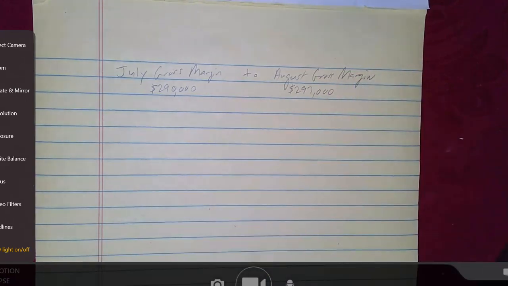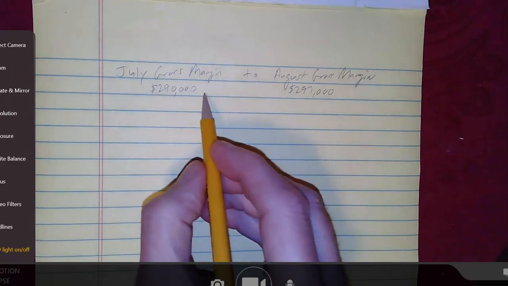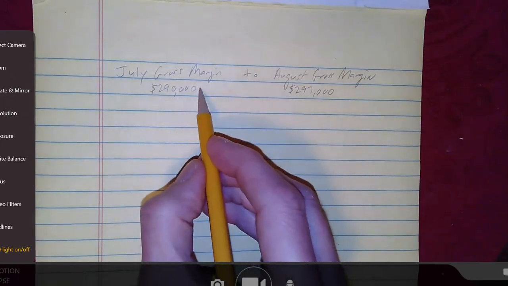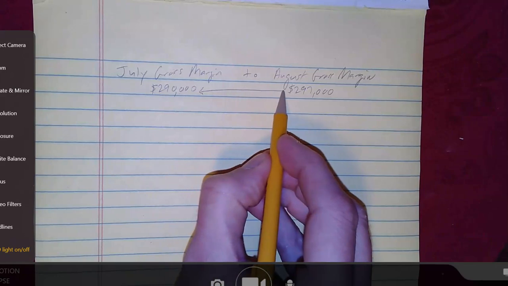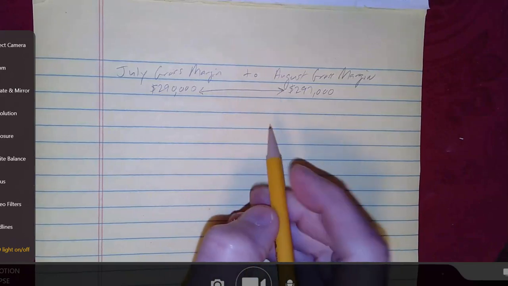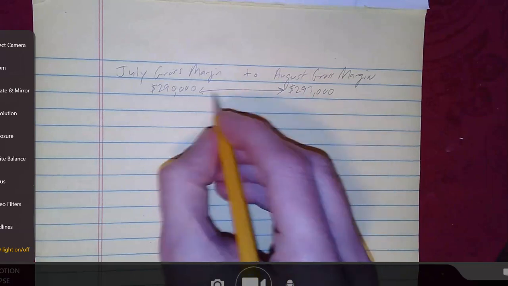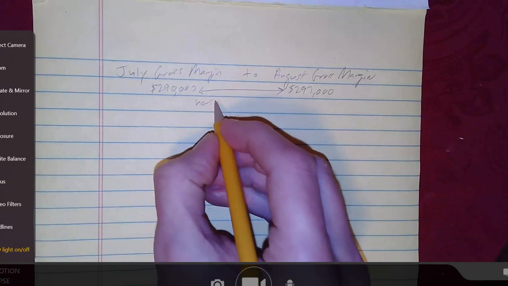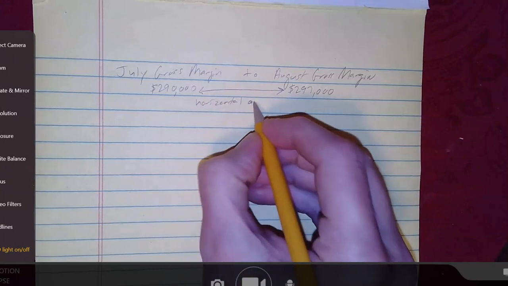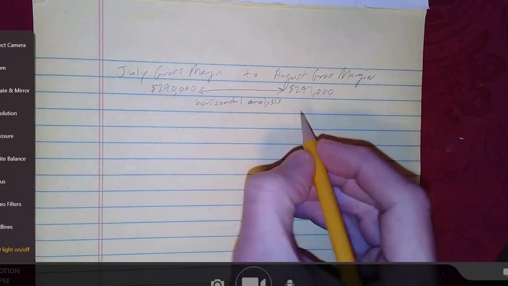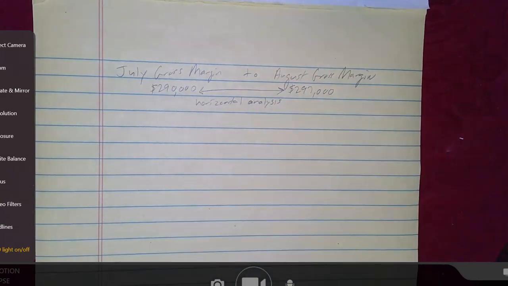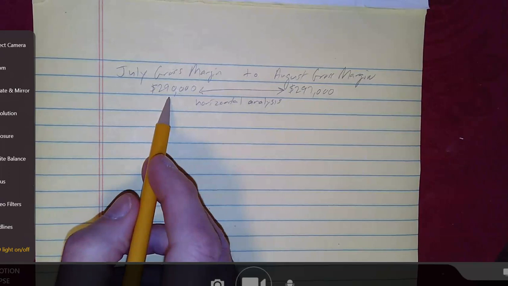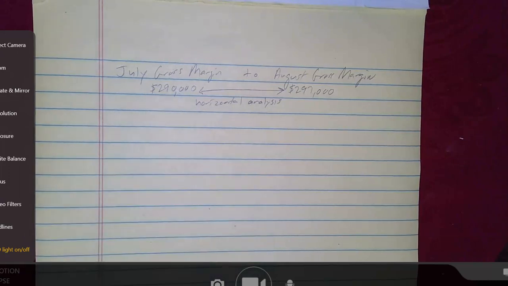I honestly can't remember what month we're dealing with. And so I'm comparing these side by side. So we call this horizontal analysis because we're going side to side. And we could compare the numbers. Now, we already know that this number is smaller, but we could also compare gross margin percentage as well and compare month to month.